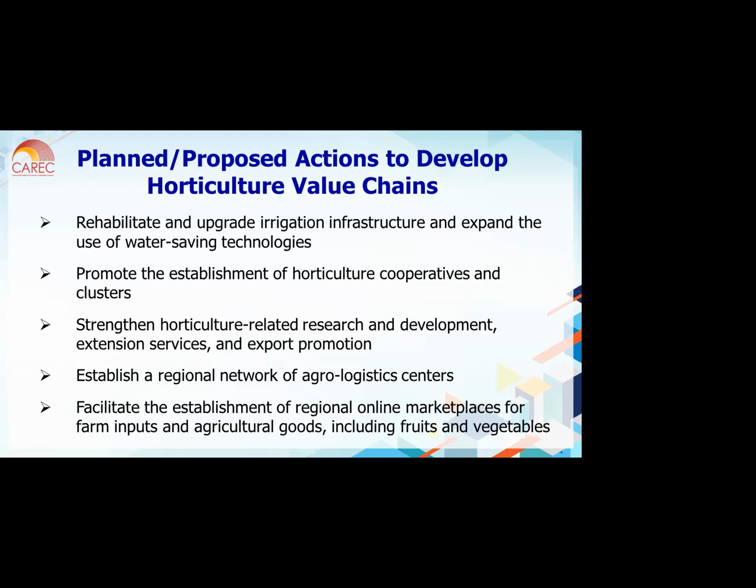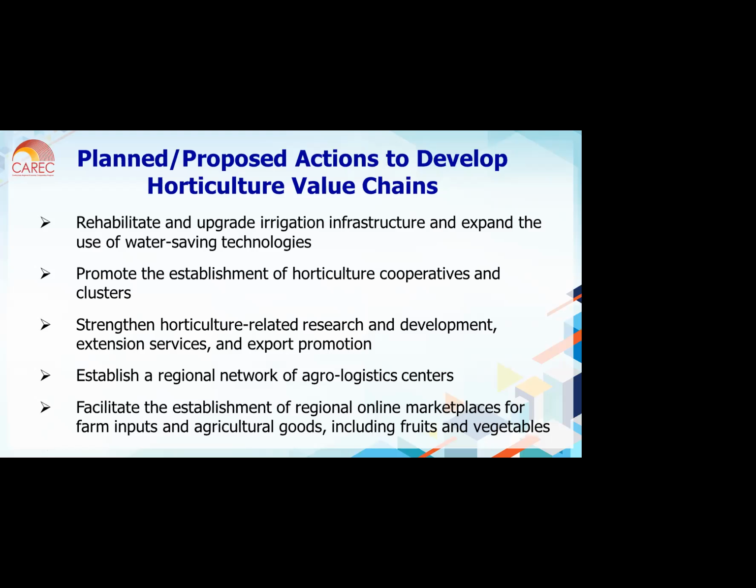As far as the development of horticulture value chains is concerned, it is suggested to rehabilitate and modernize irrigation infrastructure in the three countries along the corridor. Lack of water is a major problem in all provinces, especially in some of them. It is also suggested to use new irrigation technologies.